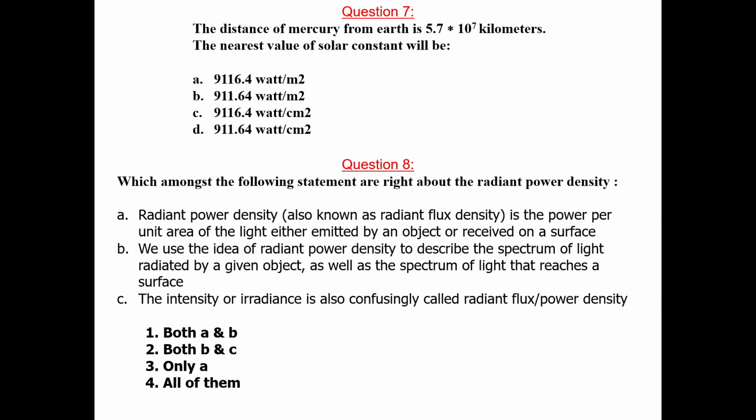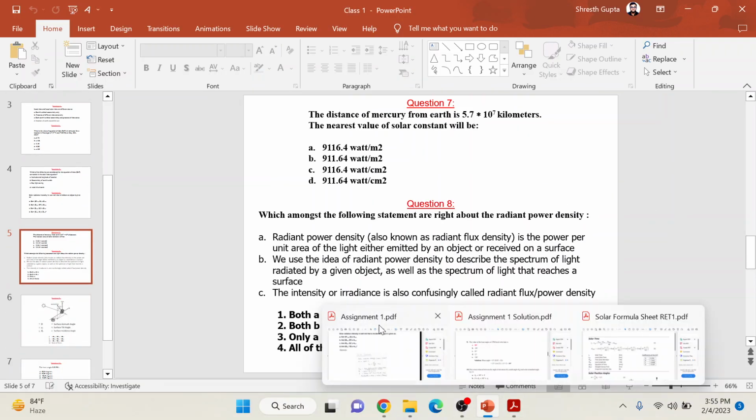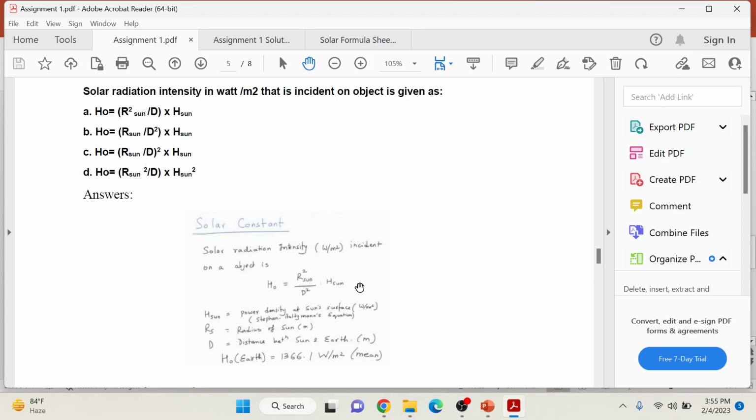You know that this H naught is calculated on the basis of the distance between Earth and Sun, and the value of H naught of Earth is 1366.1 watt per meter square, right?